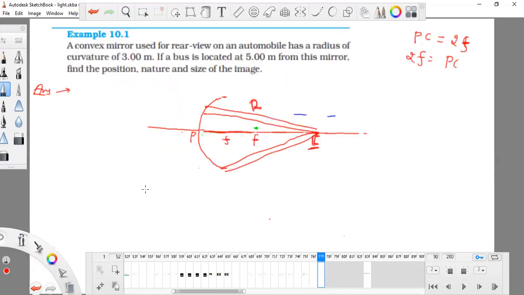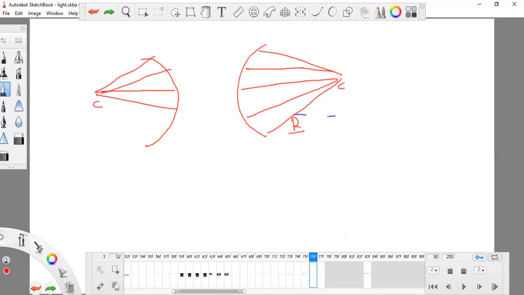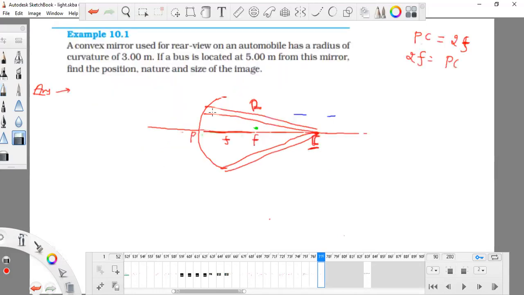The same thing takes place at this side. So the radius, it means any line which is originating from C and touching the mirror, that is known as radius. So this radius is 3 meter.